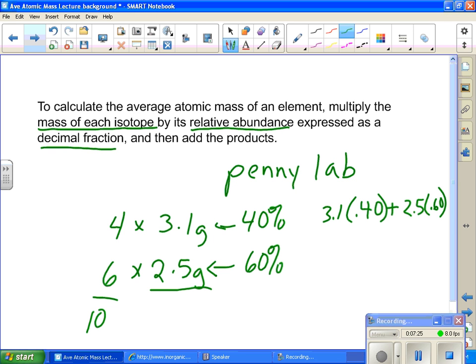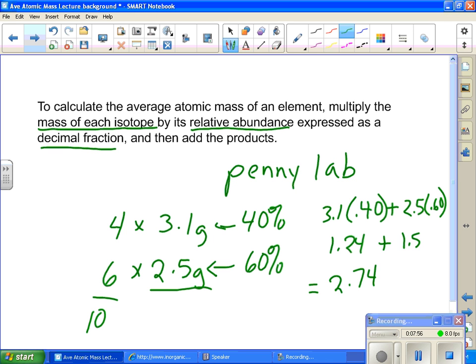And if we do that, my calculator: 3.1 times 0.4 is 1.24, and 2.5 times 0.60 is 1.5. We add these together, and our final answer is 2.74.